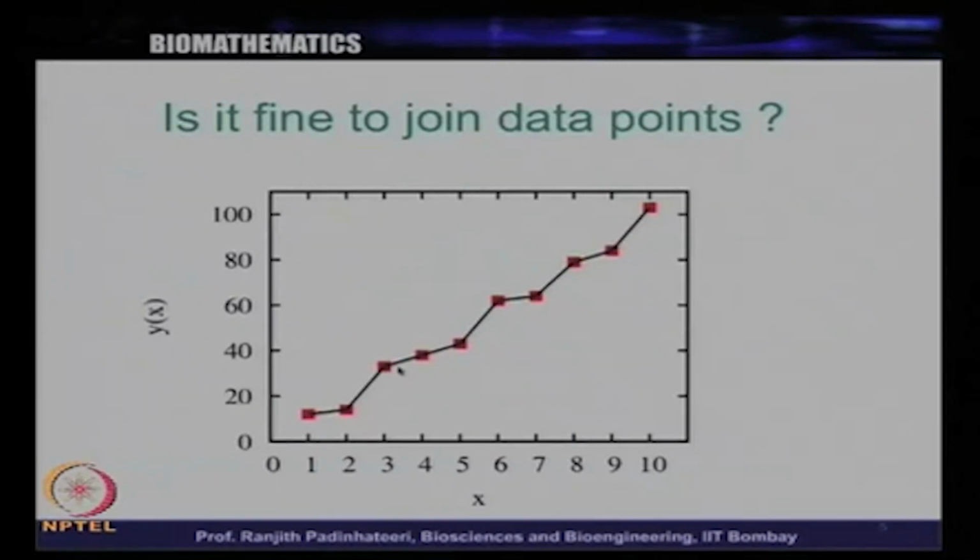Depending on that, we can make some guess, or sometimes know, what function this must be following, and if you know the function, you can fit that function to this data.